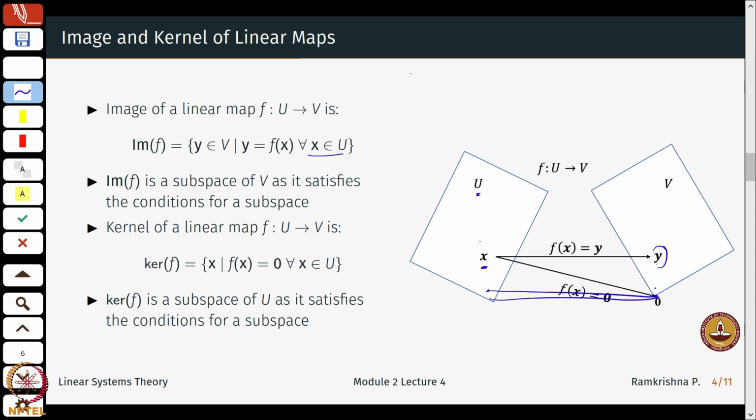That is called the kernel, and it's easy to check, a small proof which you can do by yourself, that the image is a subspace of V. It is trivial to check that it satisfies the conditions of a subspace, that all the properties of V over F carry over to the subspaces. Similarly, the kernel is a subspace of U. This is the set of all x's which come from U. This is also a subspace, and it's easy to check that it satisfies the conditions for a subspace. I will not do the proofs for this, but you can do it as an exercise for yourself.